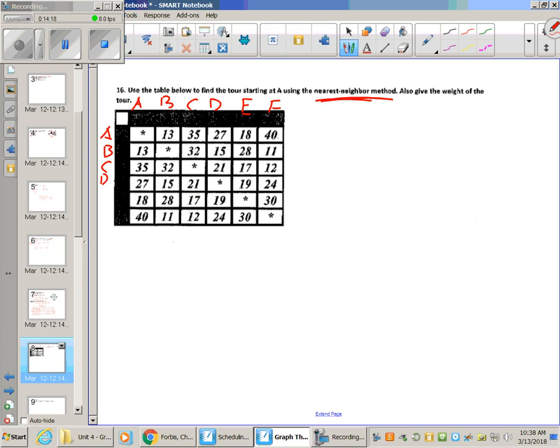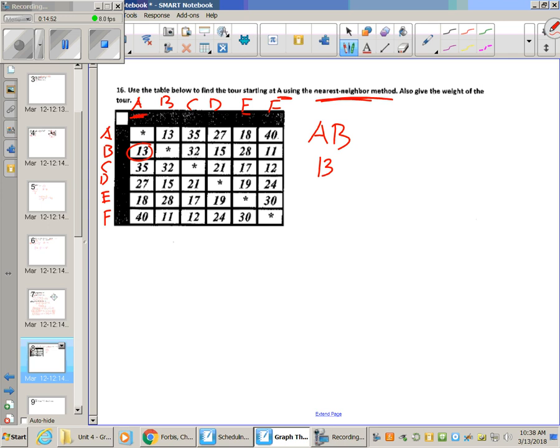A, B, C, D, E, F. Okay, so let's say we're starting at A, which means we're looking at this first column right here. You're trying to find the next cheapest place to go to. The cheapest number in this column is 13, which corresponds to B. So the cheapest place to go from A is to B with a weight of 13.